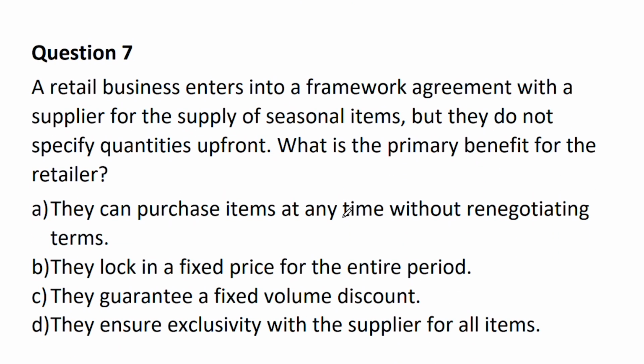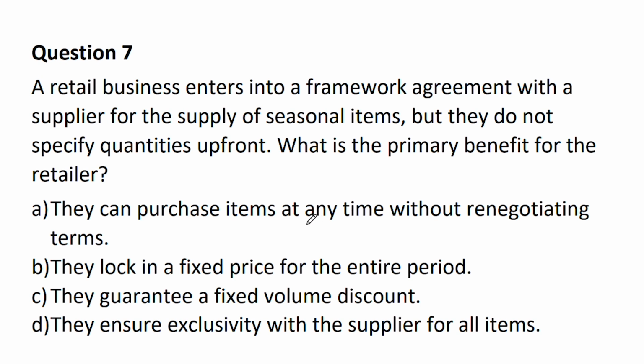Now, a retail business enters into a framework agreement with a supplier for the supply of essential items, but they do not specify quantities upfront. What is the primary benefit for the retailer when they do that? Well, they can purchase items at any time without renegotiating terms.